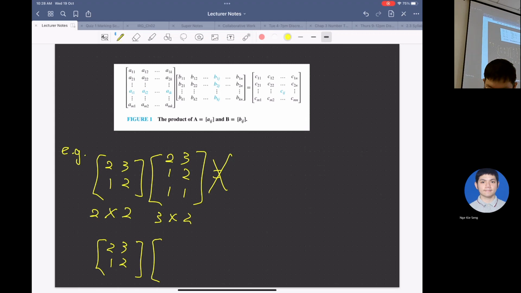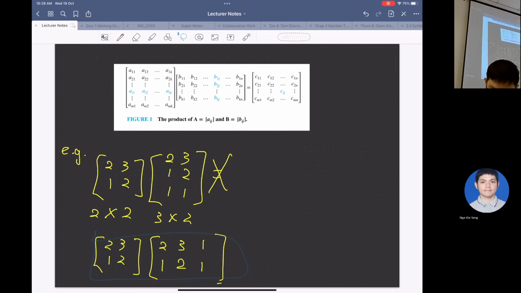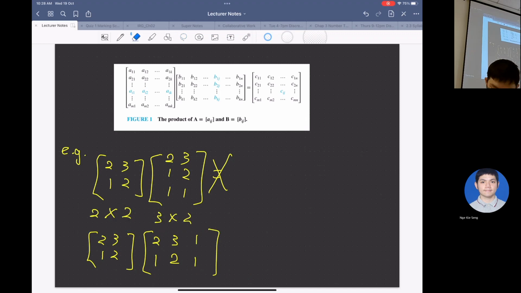Maybe change the longer one to the horizontal one, like this. So this one is 2 times 2 times 2 times 3, and in the end you will get a 2 times 3 matrix.